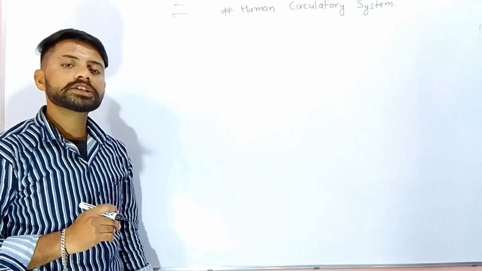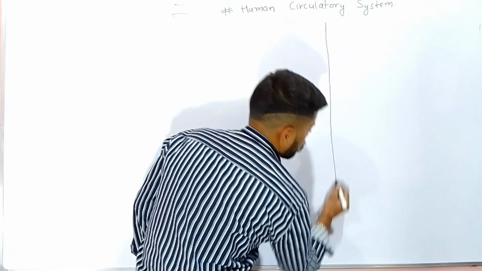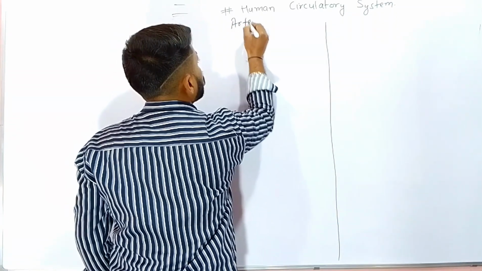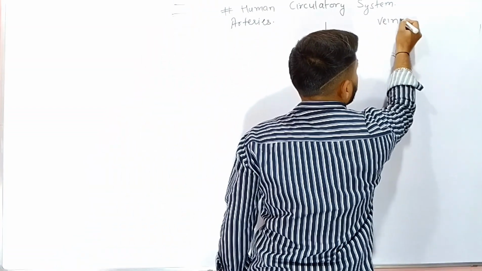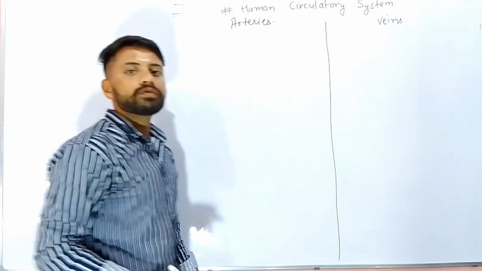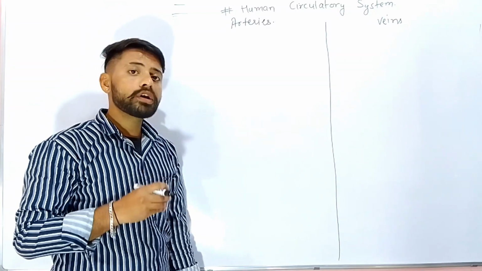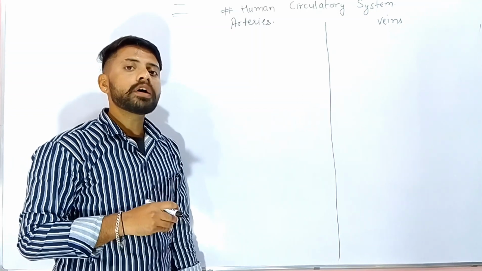Let's understand the detailed comparison of the arteries and veins. Let's take the comparison between arteries and veins. The comparison we will start from the external appearance, location, and then we will talk about the histological or structure based comparison.